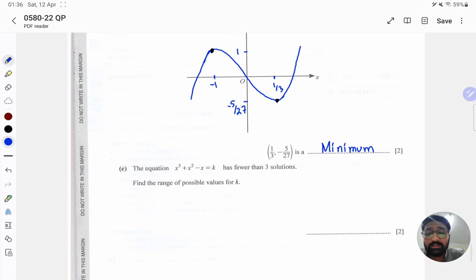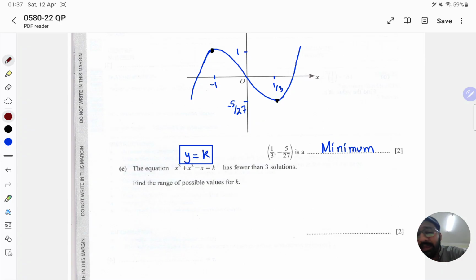Okay, the next says the equation x cube plus x square minus x equals k has fewer than 3 solutions. Okay, he's basically saying y equals k, and y equals k is a horizontal line. And we need to tell the range of possible values for k so that it has fewer than 3 solutions.